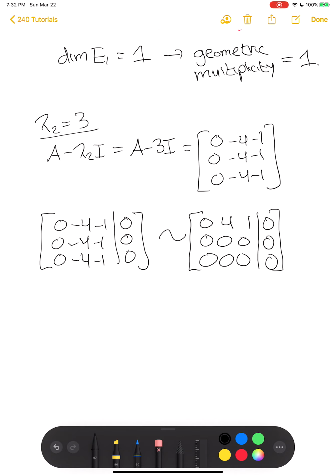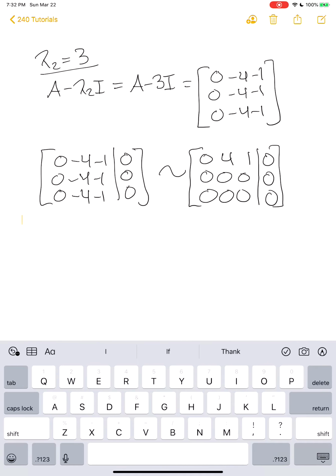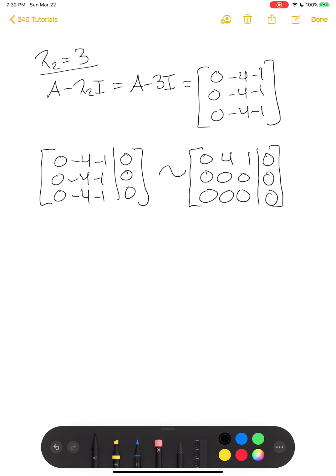Okay, so again, here you can use the rank-nullity theorem. You have 2 rows of zeros here, and you only have 1 non-zero row. Sorry, your rank is not 2.